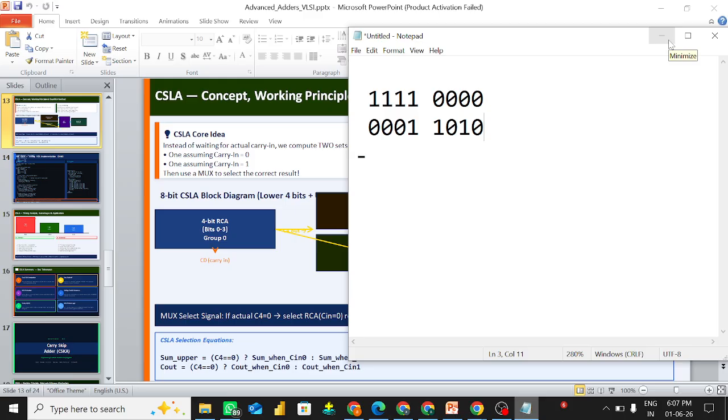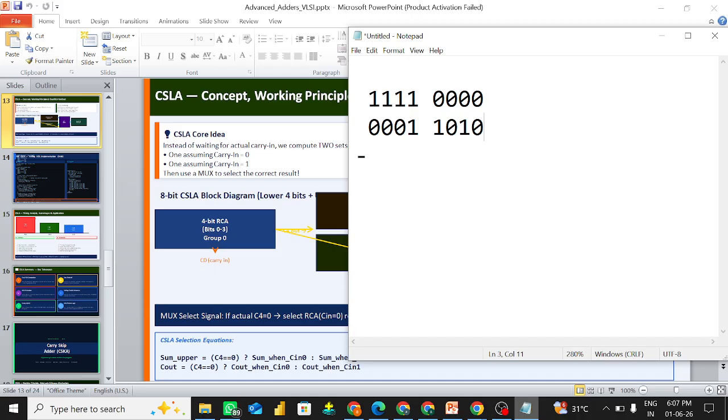After splitting, just think what carry value you are going to get from the lower bit blocks. From the lower blocks, you are going to get either 1 or 0 as a carry, right? Other than this, you are not going to get anything. So what does this CSLA do?